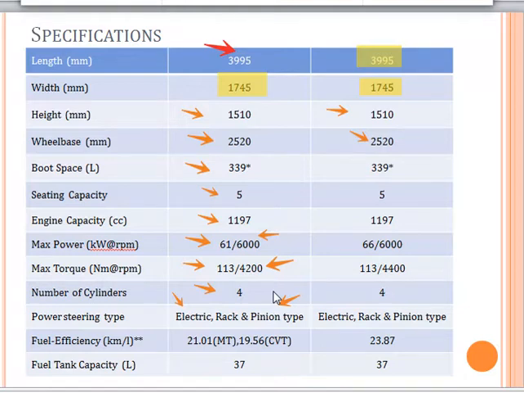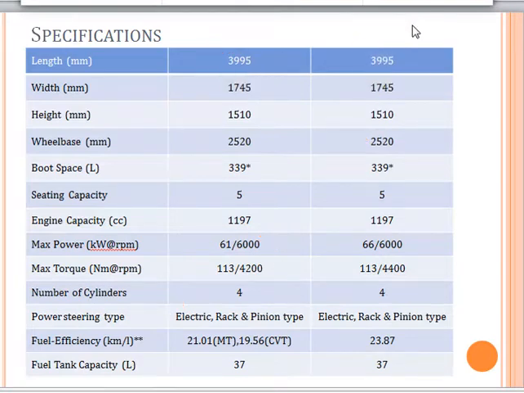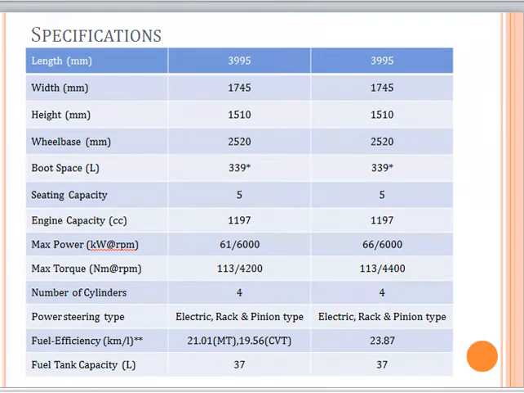Then fuel efficiency is how much? 21 kilometers per liter. Fuel capacity is 37 liters. So this was the specification of a car.